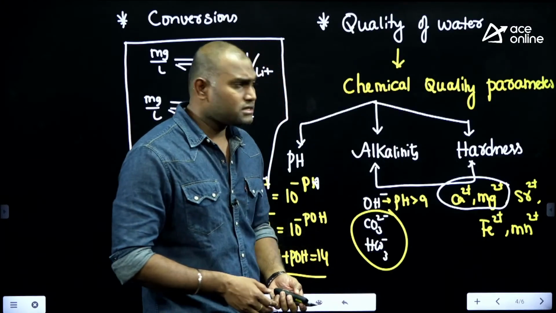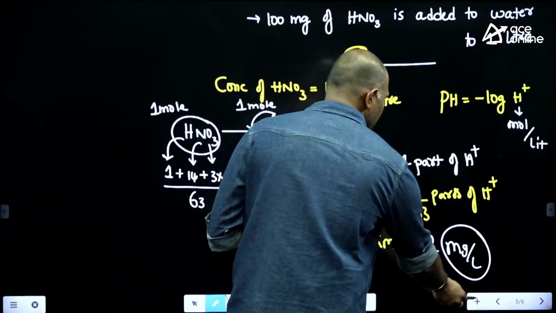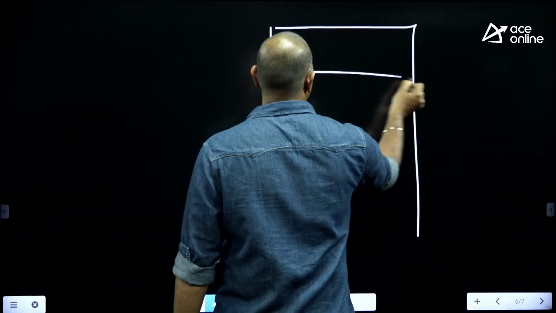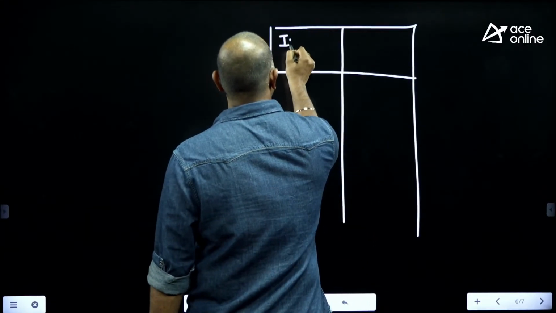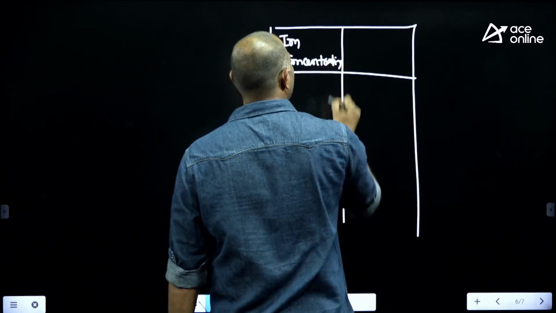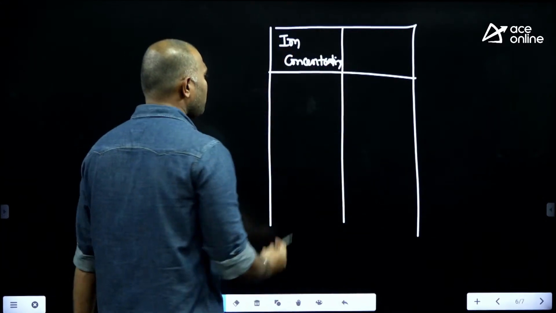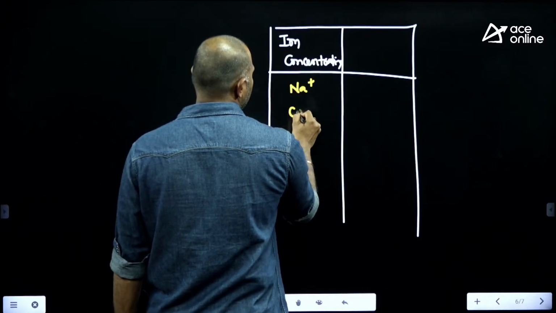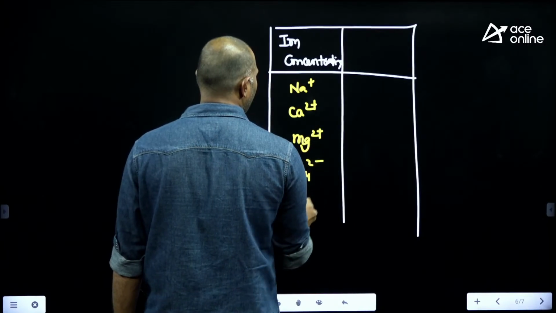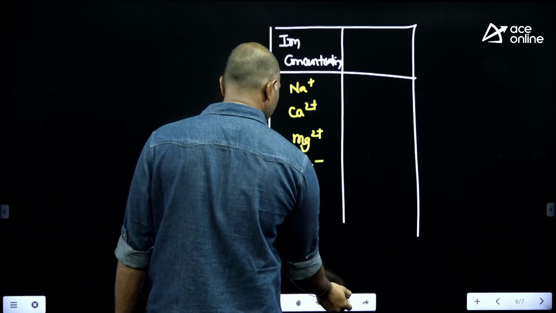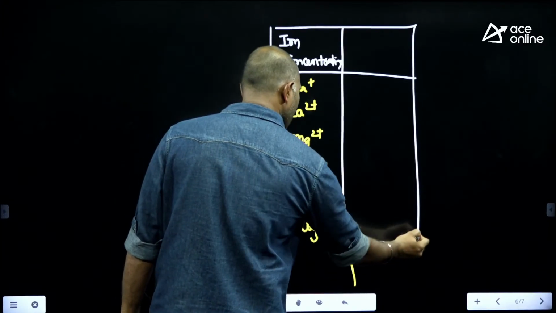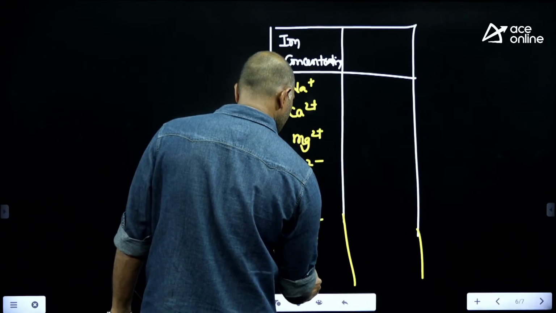And there are certain types of questions that you can expect. I'll give you the ion concentrations: Na plus, Ca2 plus, Mg2 plus, SO4 2 minus, Cl minus, HCO3 minus, K plus, CO3 2 minus.